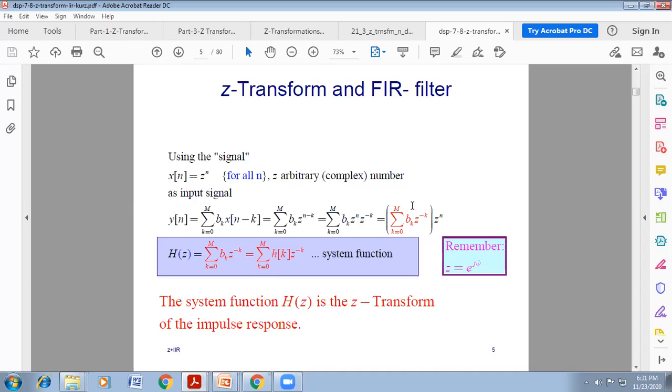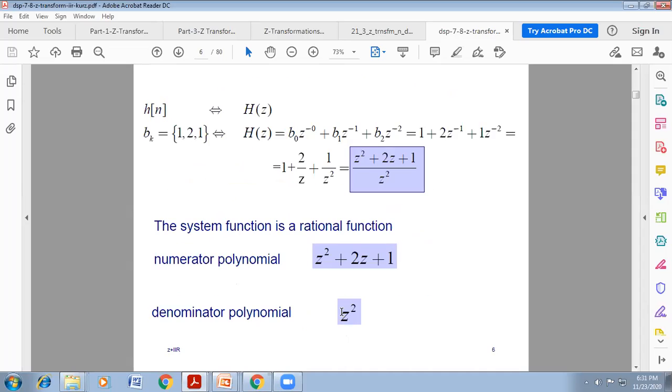This is by the definition of Z transformation. And H(z) is the system function, and z equals e to the power this, it is a known function for us. The system function H(z) is the Z transform of the impulse response.